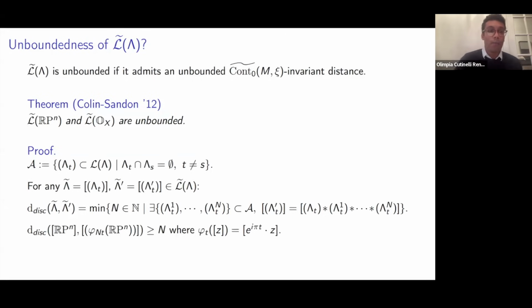And so, a bit more concretely, what is the unbounded sequence they choose for RPN? On the real projective space, the Reeb flow is given just by the Hopf fibration. It's just the multiplication by exponential i pi t.